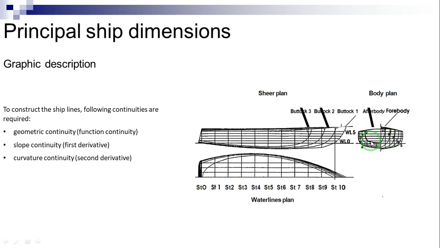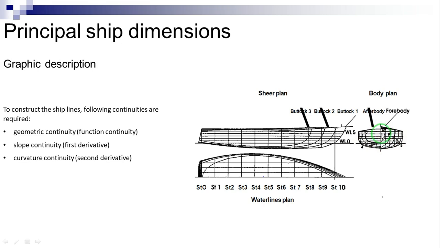We see the set of stations represented together in the body plan. The left half of the body plan contains stations 0 to 4, that is the stations of the afterbody, while the right half is composed of stations 5 to 10, that is the forebody.